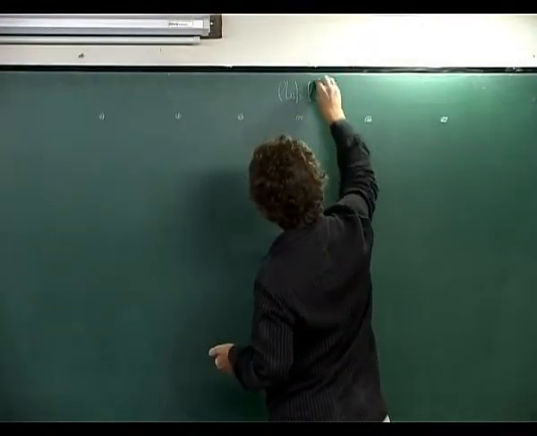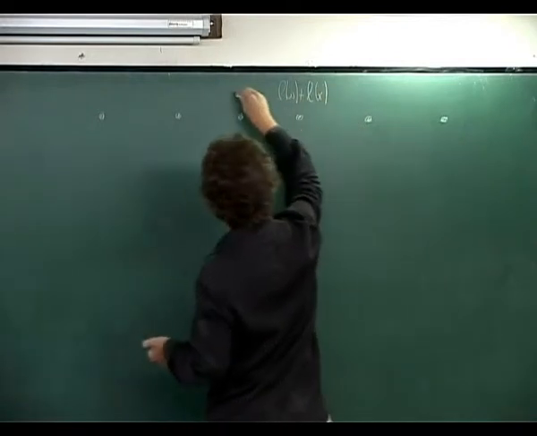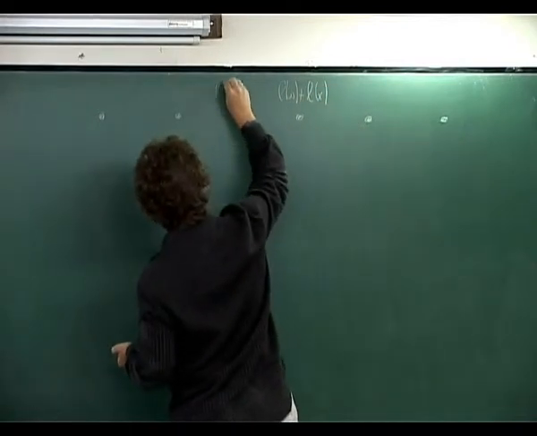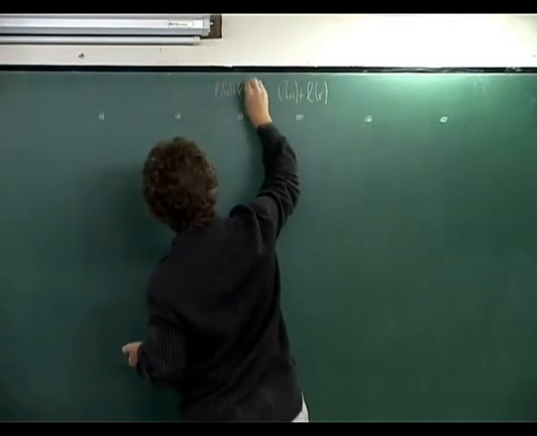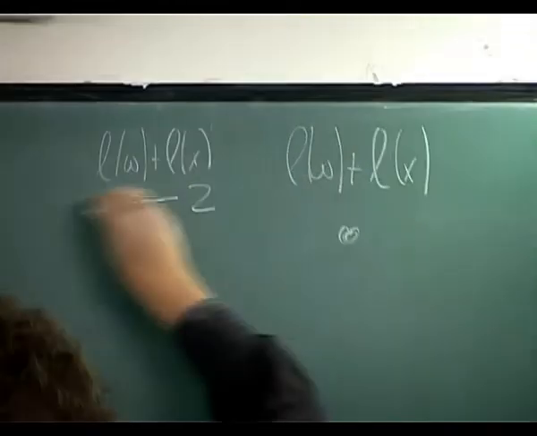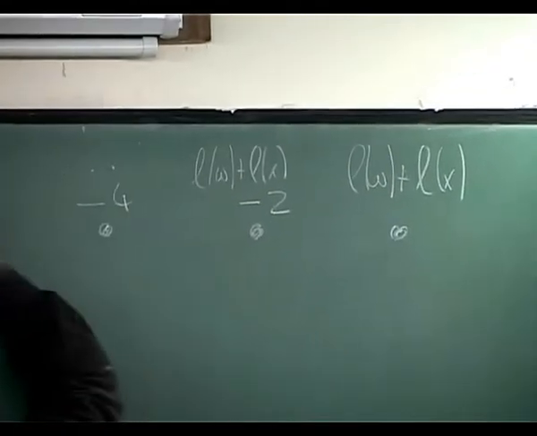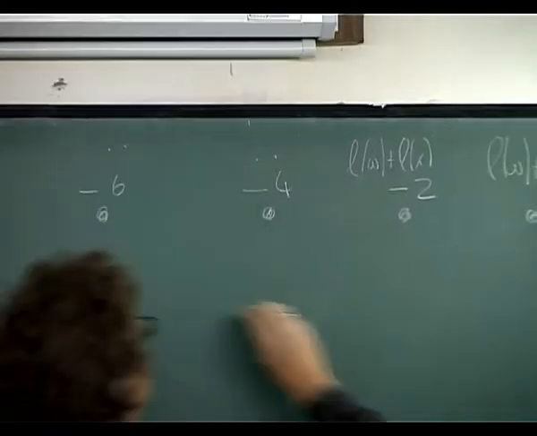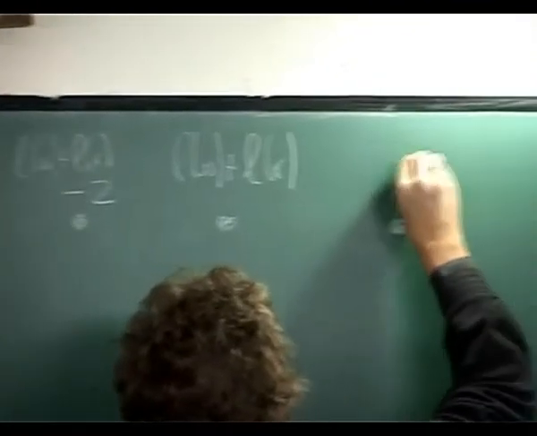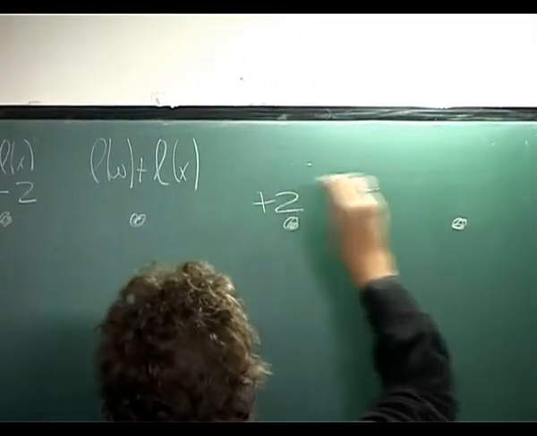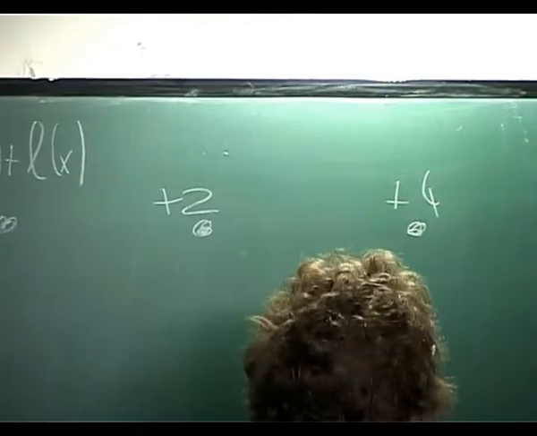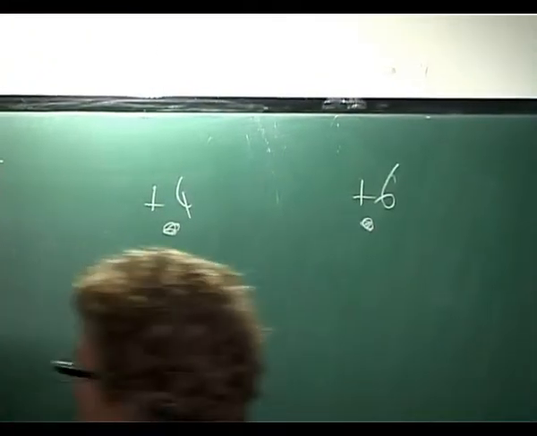Plus length of x, and then here we have length of w plus length of x minus 2, then minus 4, minus 6. So everything is plus 2, plus 4, plus 6. So these should be ranks.